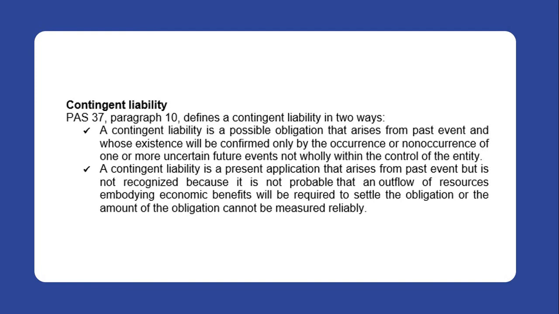A contingent liability also is a present obligation that arises from past events but is not recognized because it is not probable that an outflow of resources embodying economic benefits will be required to settle the obligation, or the amount of the obligation cannot be measured reliably. So how does it differ from the provision?